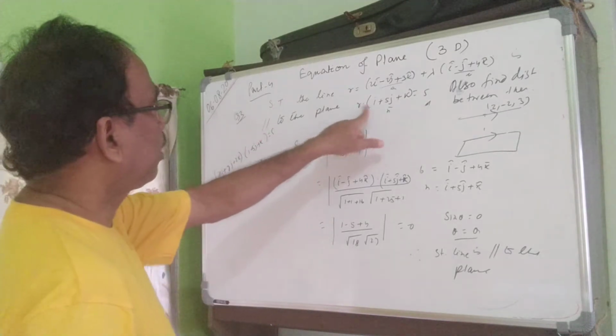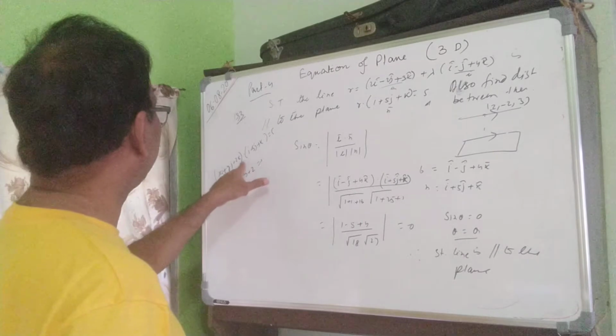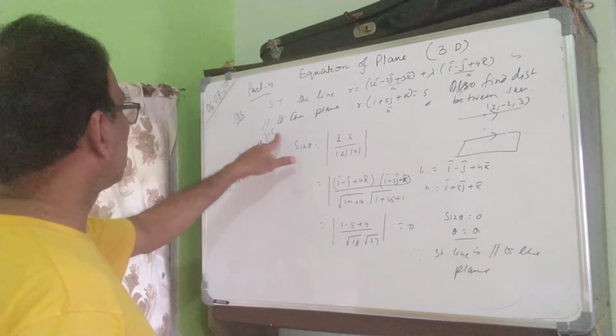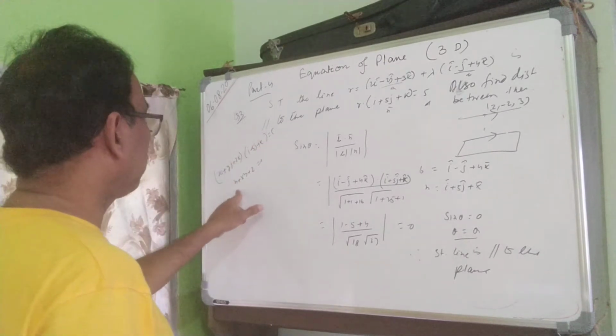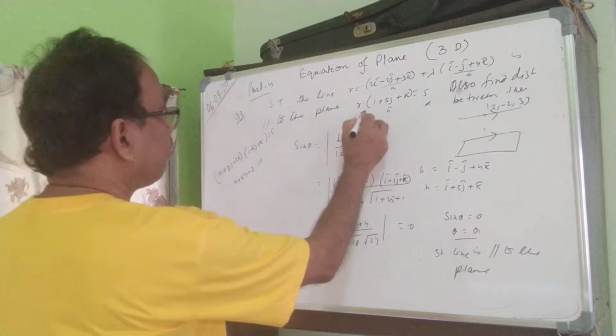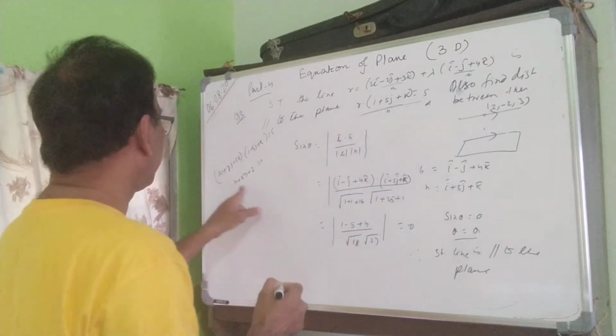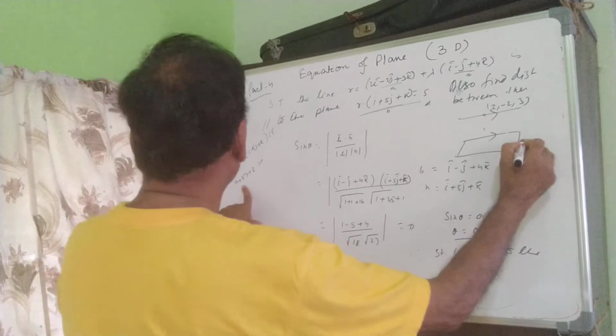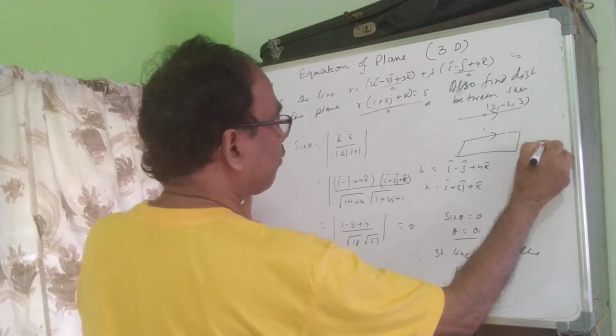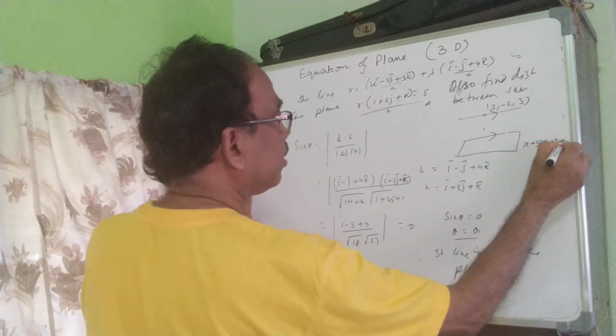Here the given r value is xi, yj, zk dot this equals 5. So we can convert the vector form to Cartesian form. The equation of the plane is x plus 5y plus z equals 5.